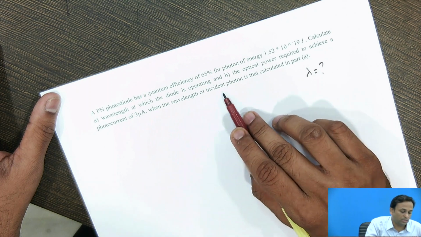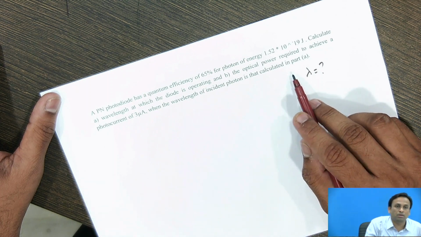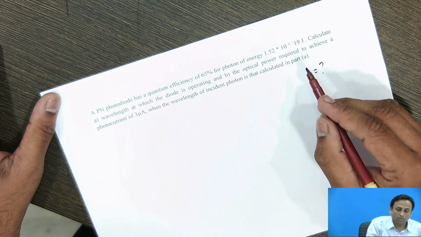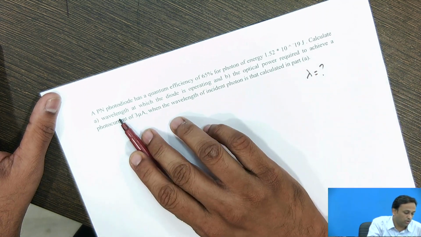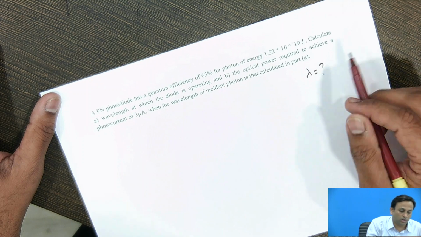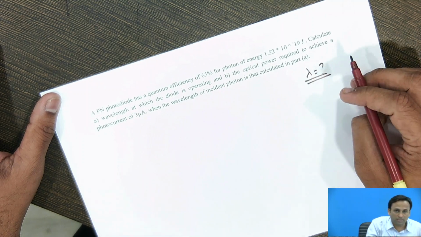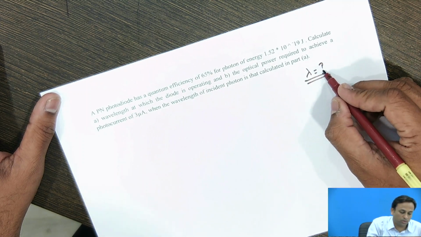In part A, the wavelength of the incident photon is calculated. At which wavelength is the diode operating?